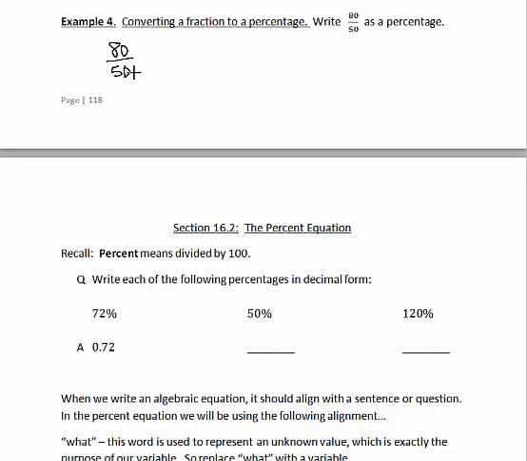However, a 50 is easily converted into 100 by multiplying by 2. If we multiply the denominator by 2, we have to multiply the numerator by 2. So we can scale this fraction up to get 160 over 100.